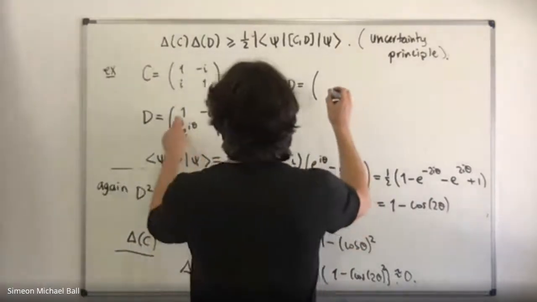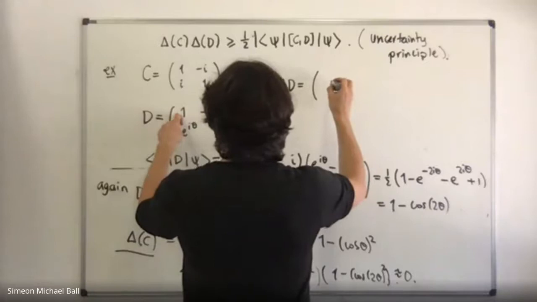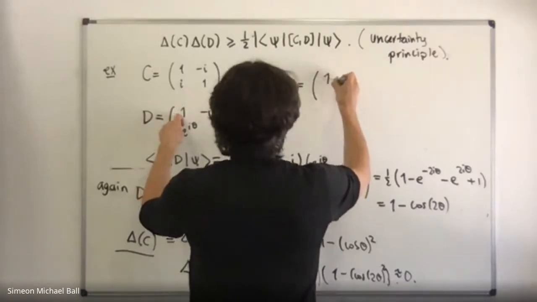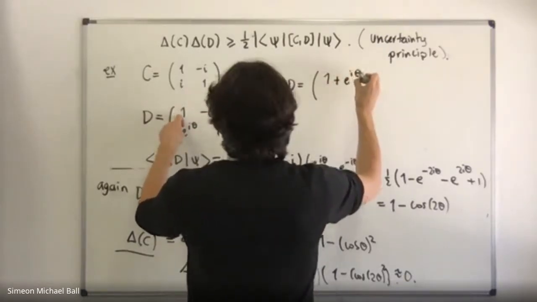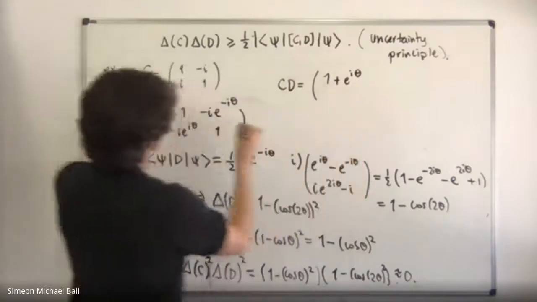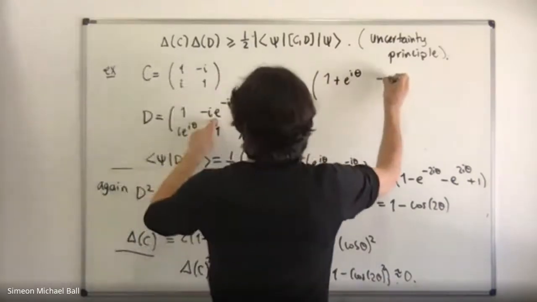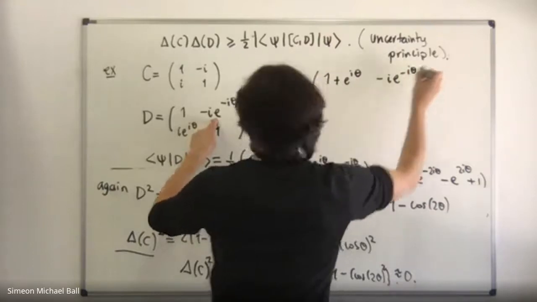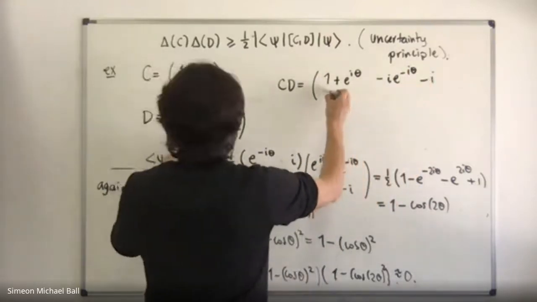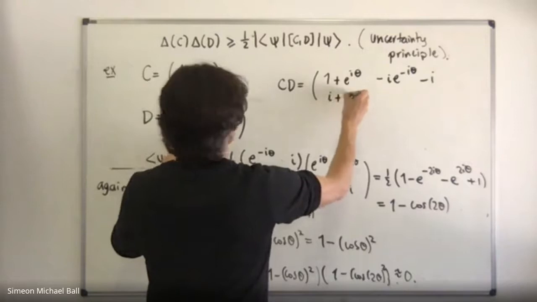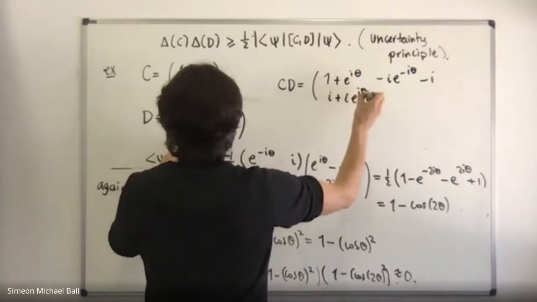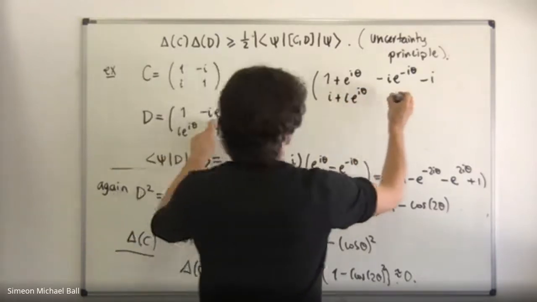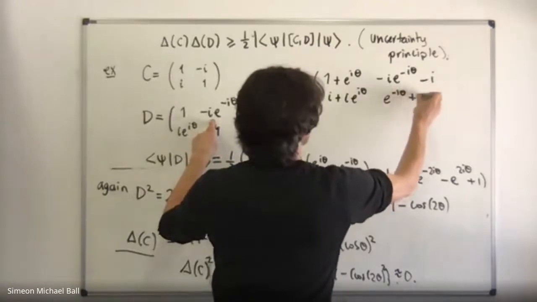So CD is 1 plus e to the i theta, here I've got minus i e to the minus i theta minus i, here I've got i plus i e to the i theta, and there e to the minus i theta plus 1.